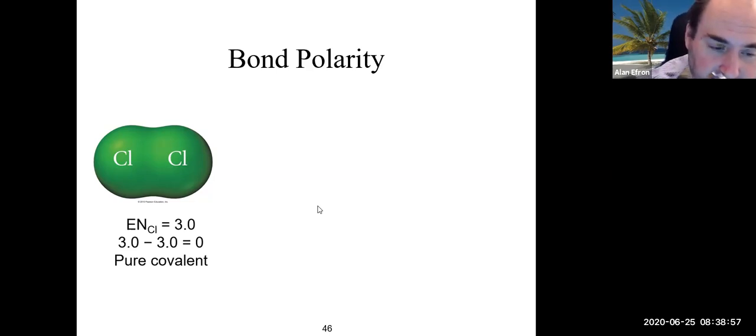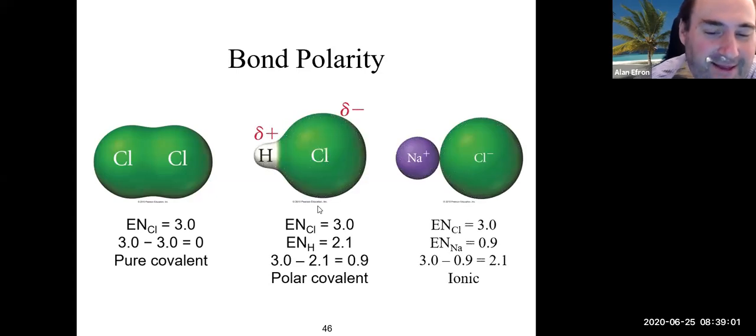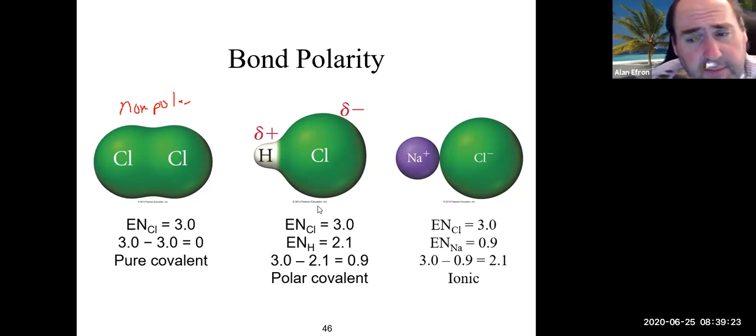These were our different types of bonding that we talked about: we have our ionic bond, our polar covalent bond, and our pure covalent, or non-polar bond. I guess it's good to review at some point. Remember that we use electronegativity to help us determine the differences in a particular bond, which is referred to as bond polarity.